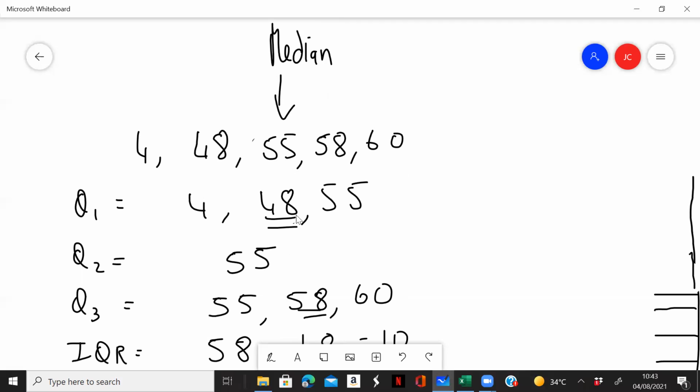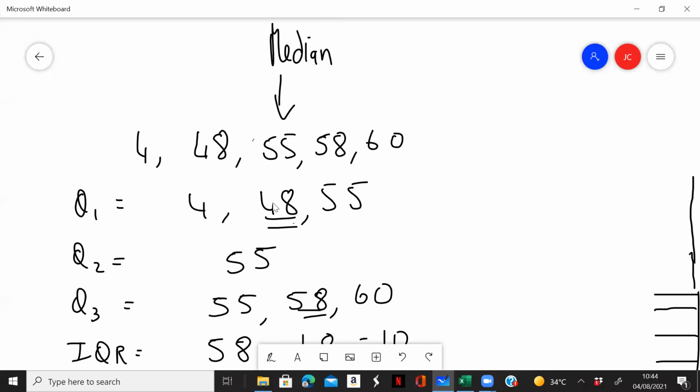Then take the middle number of this first batch of data. It's like I'm taking the lower 50% of my data and finding the middle point. So it's the median of the first 50% of your data, and the median of 50% is 25%.